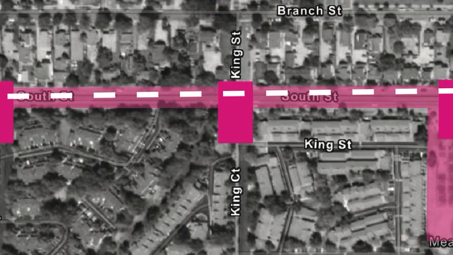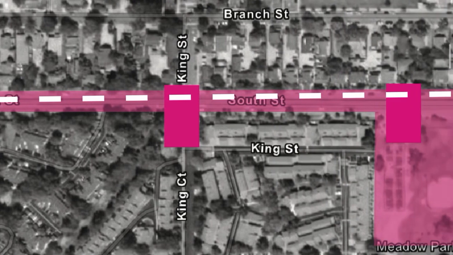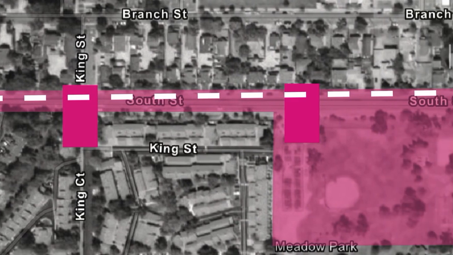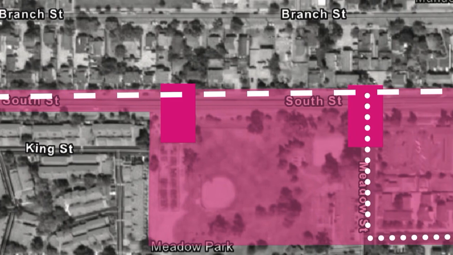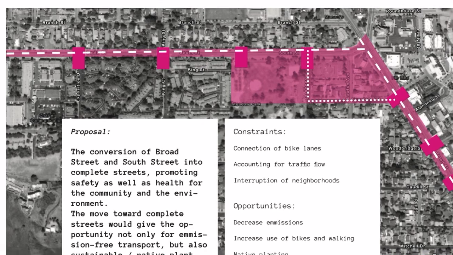And in these areas, they might consist of bulb outs or planters or places with traffic or pedestrian signaling to make it easier for people to cross the street and safer.